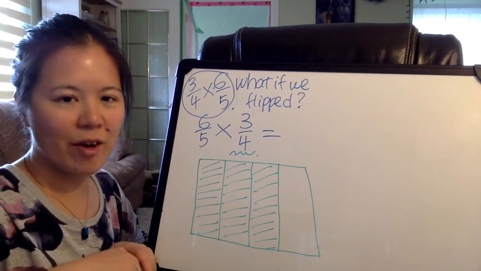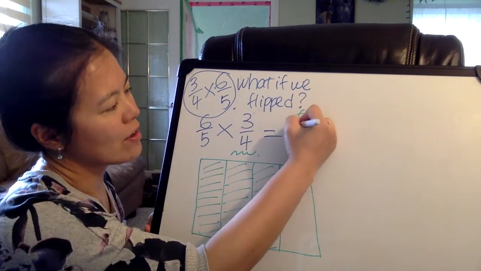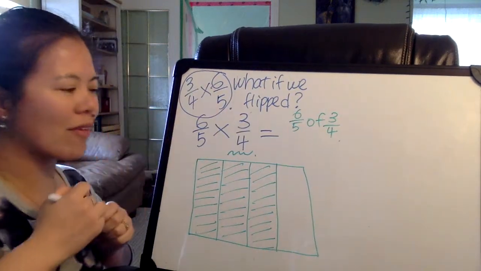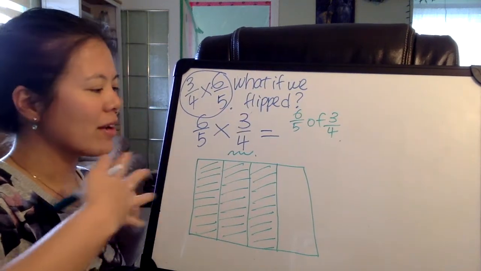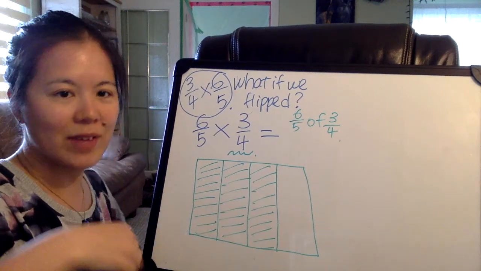And I have to figure out what is 6/5 of 3/4. Okay, so I'll divide my area model, now not from top to bottom, but side to side, into 5 equal bits.